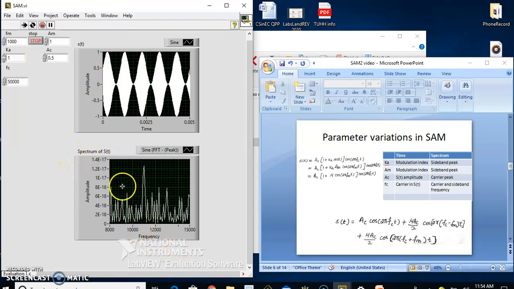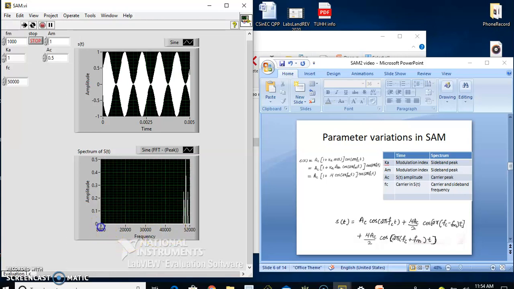But in the frequency response, it is not properly seen because this is 50 kilohertz and you have taken out the auto scale. So let me make this frequency around 52 kilohertz. 50 plus 1 kilohertz happens to be the upper sideband. Let me also change this to around 45K. Now you can see 50 kilohertz, this is at 51, this is at 49 kilohertz.